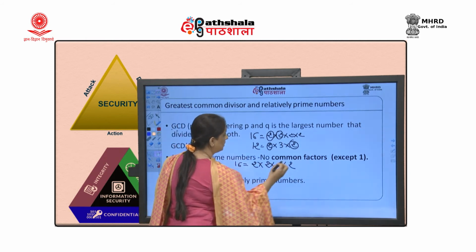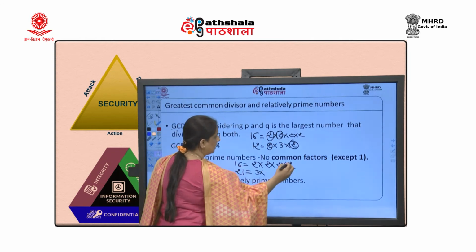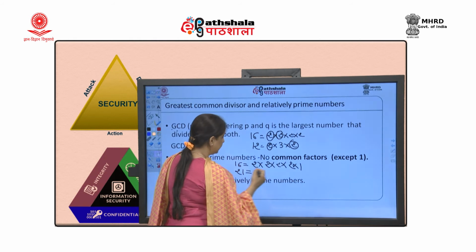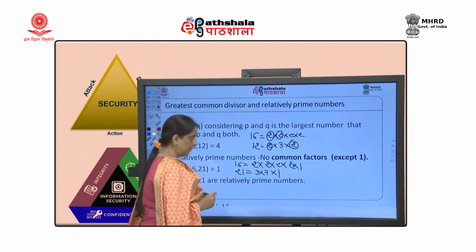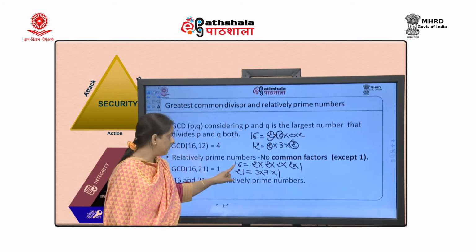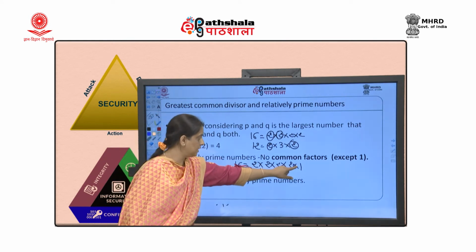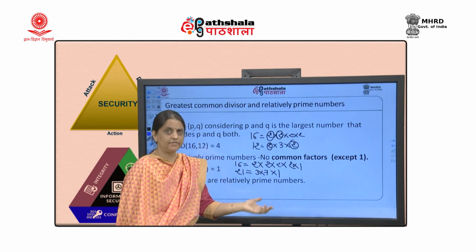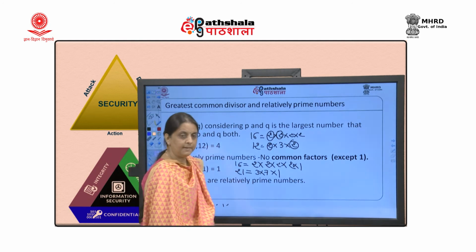You all know the factors of 16. 1 is a factor of every number, but according to our definition of relatively prime numbers, there are no common factors except 1, so we will not consider that. In this case 16 and 21 are called relatively prime numbers.